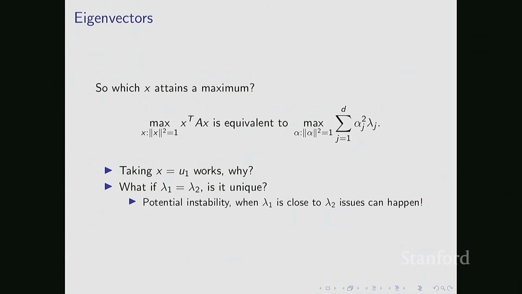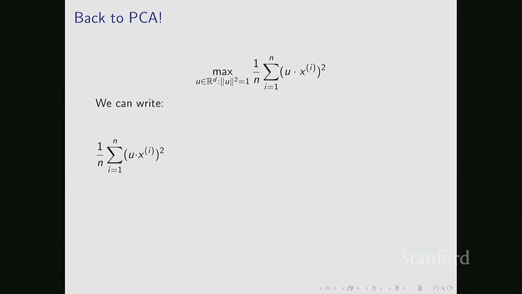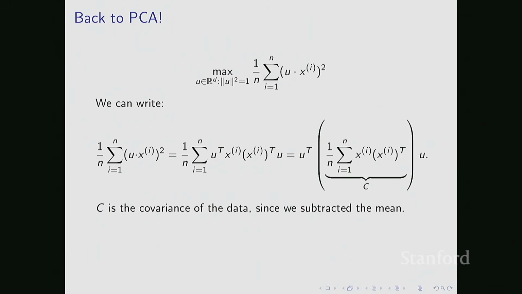Okay, so this slide basically shows, as we go through maximizing this original quantity that we cared about, those were just facts about eigenvalues, that we can expand. And this thing here, after pushing all the values, is the covariance data because we subtracted off the mean.